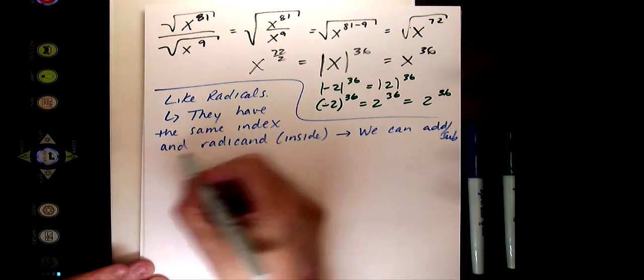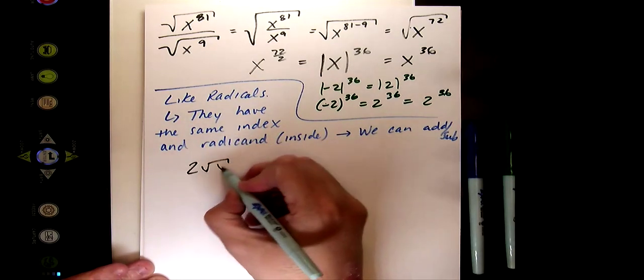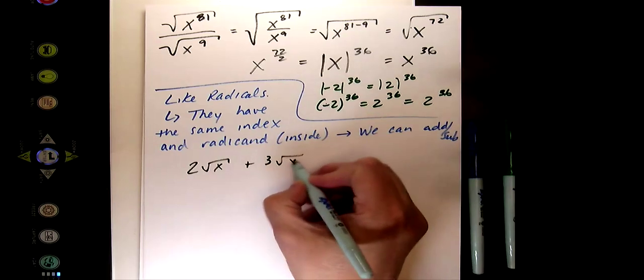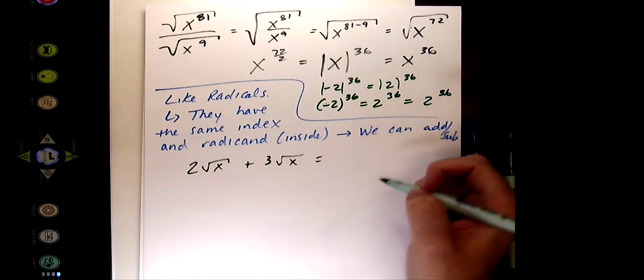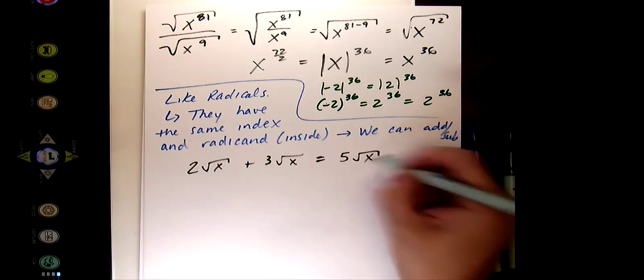Like radicals. So if I have something like 2 square root of x plus 3 square root of x, this is 5 square roots of x.